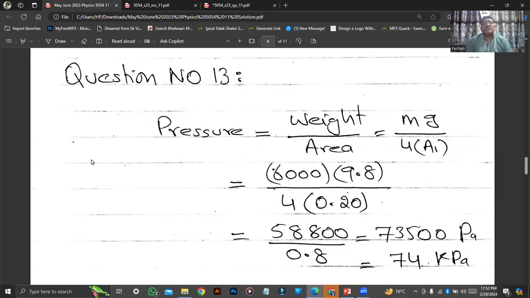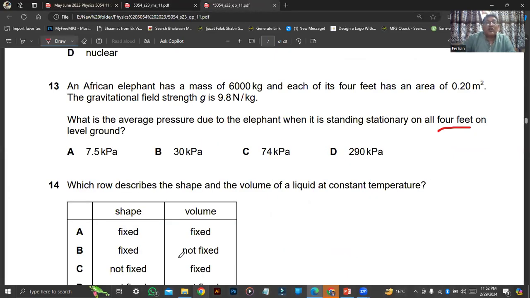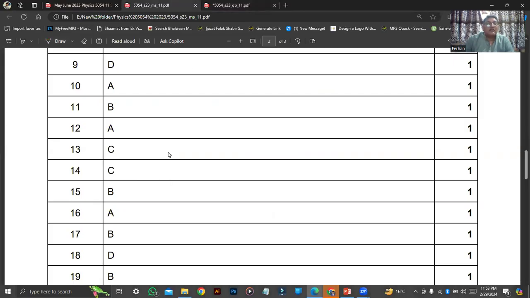So it will be 6,000 kg multiplied by 9.8 divided by 4 divided by 0.20. So you will get 58800 divided by 0.8. That will be 73,500 Pascal, which is approximately 74 kilopascal. Do we have this? Yeah, we have it here. So question number 13, C is the choice, 74 kilopascal.